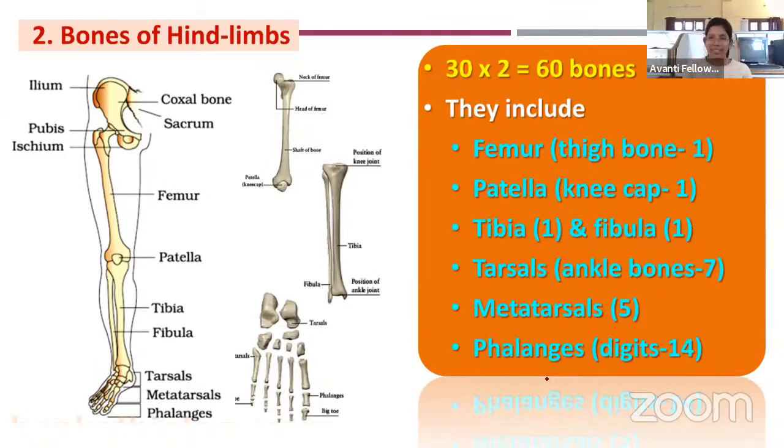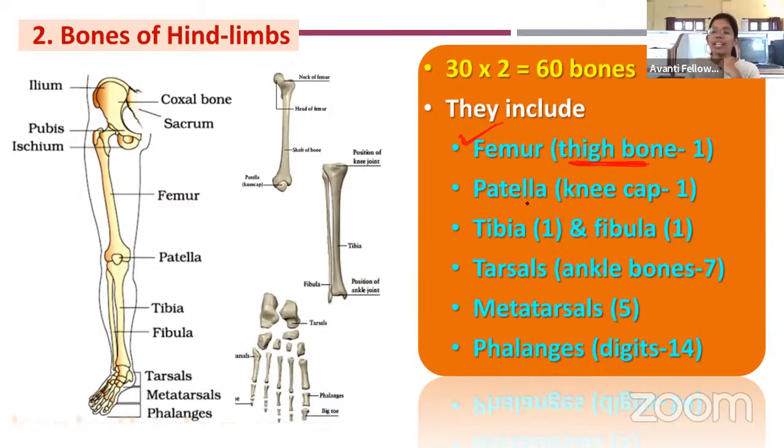Again, humerus, F for football, foot. Humerus, femur. Football you play with the leg, not the hand. So humerus is present in the hand, and femur in the leg. That is the thigh bone, present in our thigh, which is the longest bone, remember.